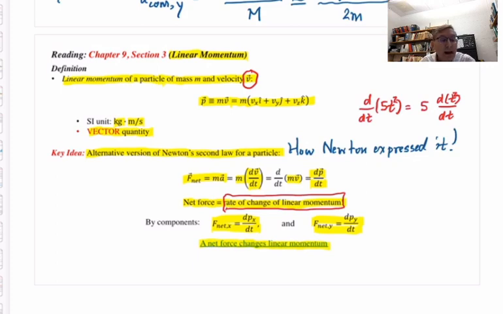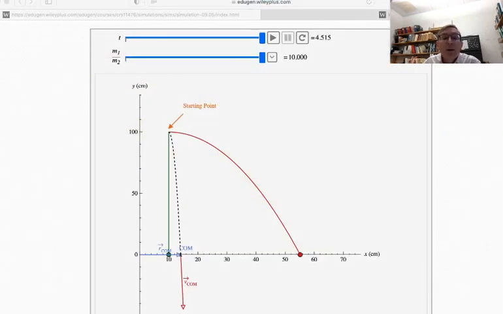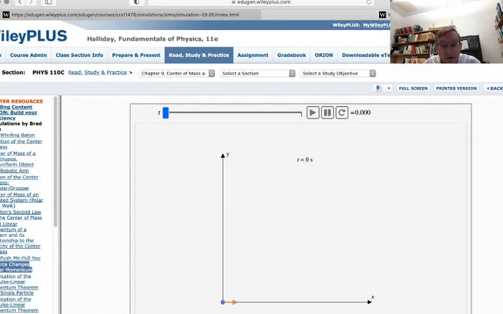So now let me go back to Wiley Plus and click on my second tab. Good, okay? Now you're seeing another picture. You're looking down from above on a horizontal XY system, okay? And initially a particle is moving in the plus x direction.